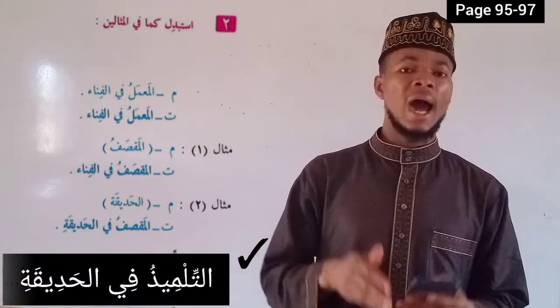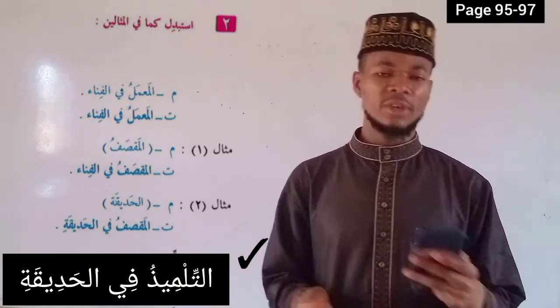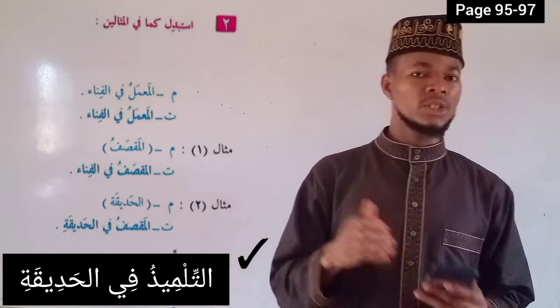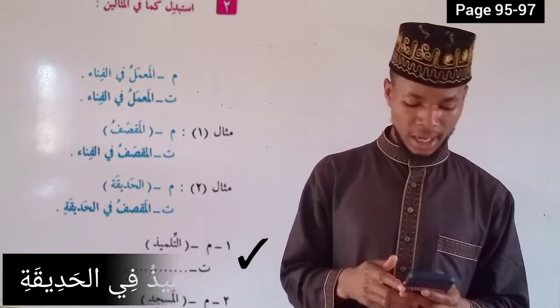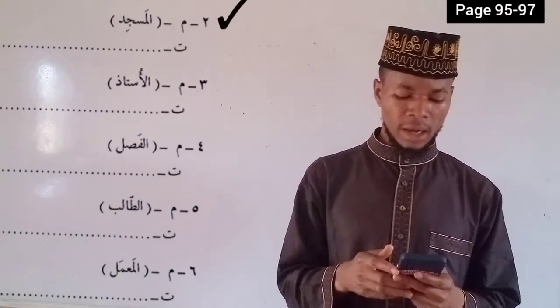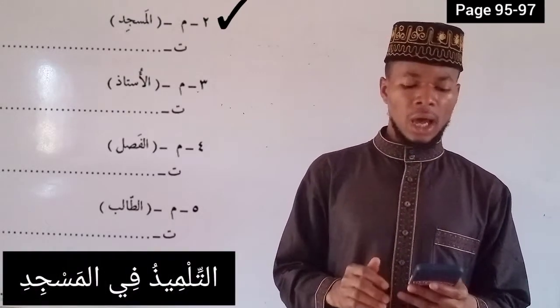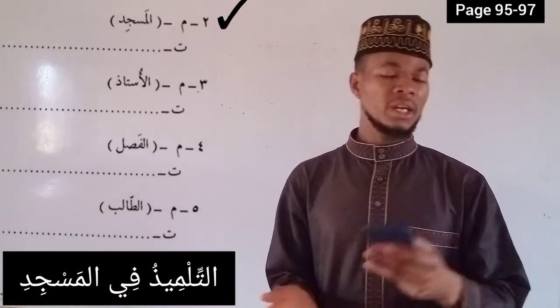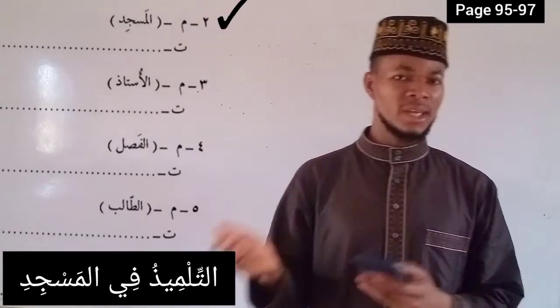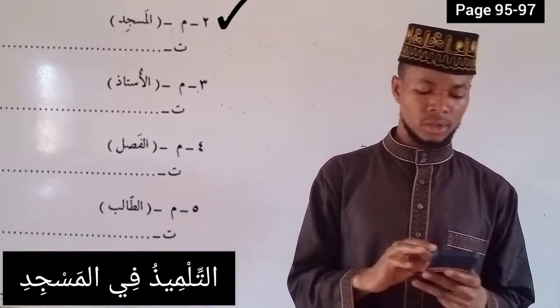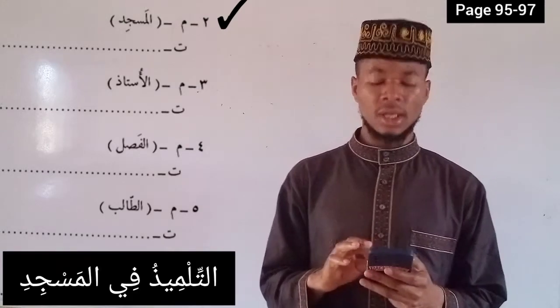So now we see at-tilmidu fil hadiqati, the student is in the garden. Number two, we have al-masjidu, the mosque. So now we see al-tilmidu fil masjidi, the student is in the mosque. So this is how we complete this exercise.